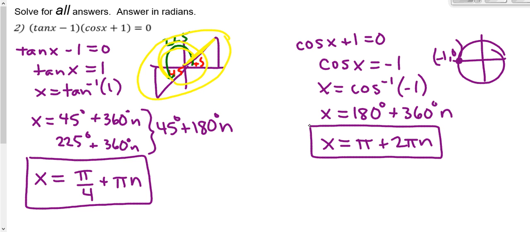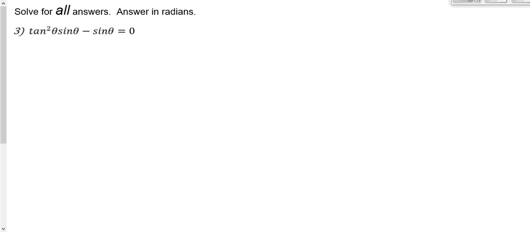Okay, let's take a look at number 3. What we notice in this equation is that both terms have a factor of sine theta. So let's start by factoring it out.